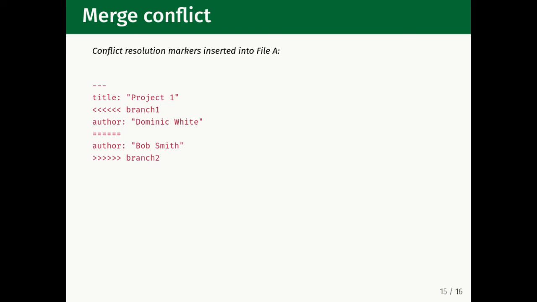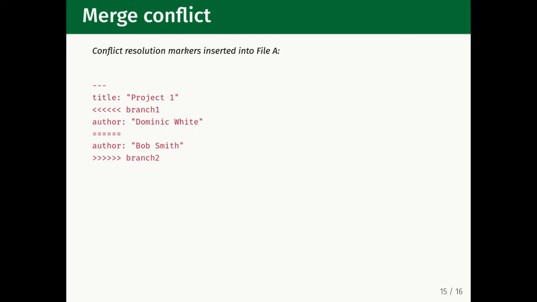Git begins the region with a sequence of opening less than signs, followed by one of the branch names, and then the conflicting line from that branch. In this case, that was my name. Then there is a line of equals signs. This separates branch 1's version from branch 2. Then we have the version of the line from branch 2, followed by greater than signs to signal the end of the conflicted region.